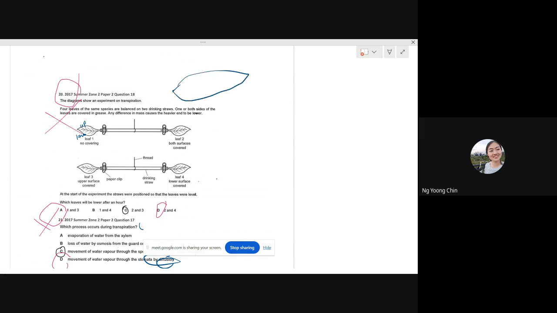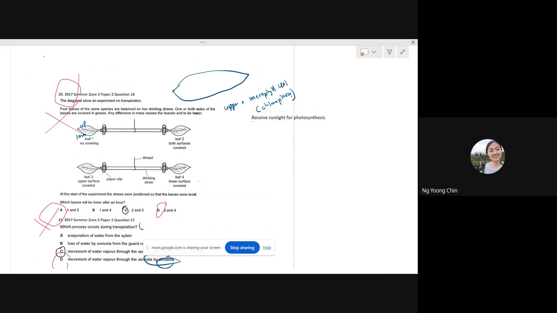Always remember that the upper surface of the leaf has the mesophyll cells, which have a lot of chloroplasts. So they will receive the sunlight for photosynthesis.